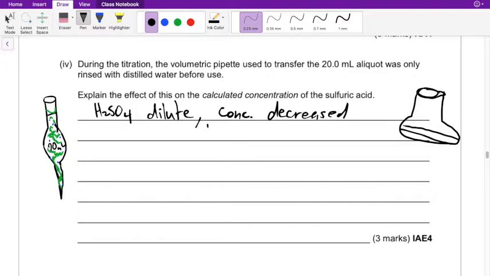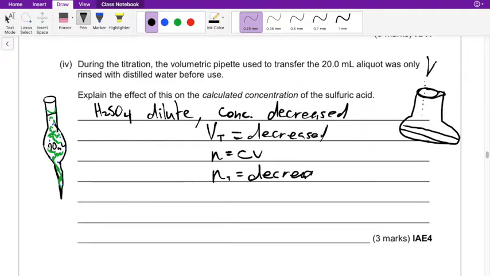The lesser titre value, which I'm going to call VT, of our base that's being titrated in there, is going to be smaller. If n is equal to CV, then the moles of our titre is also going to be decreased, because this V here was decreased.